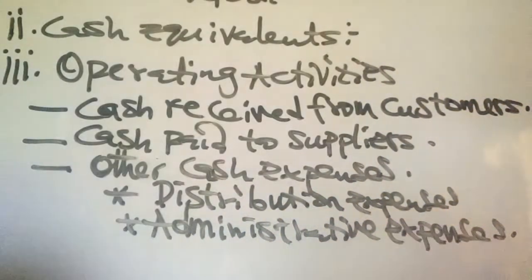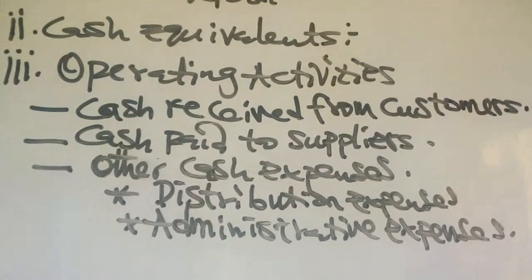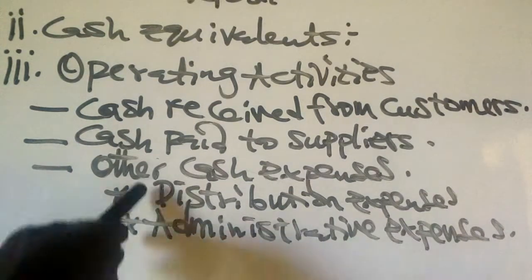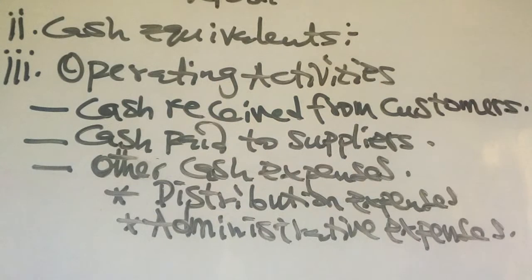Remember your financial statement: these expenses will be found in the statement of profit or loss, which is prepared in line with accrual basis. That means these expenses will have been reported in line with accrual basis principles.